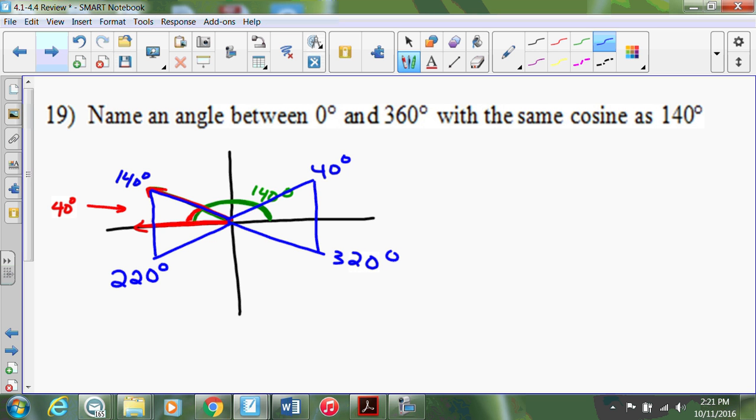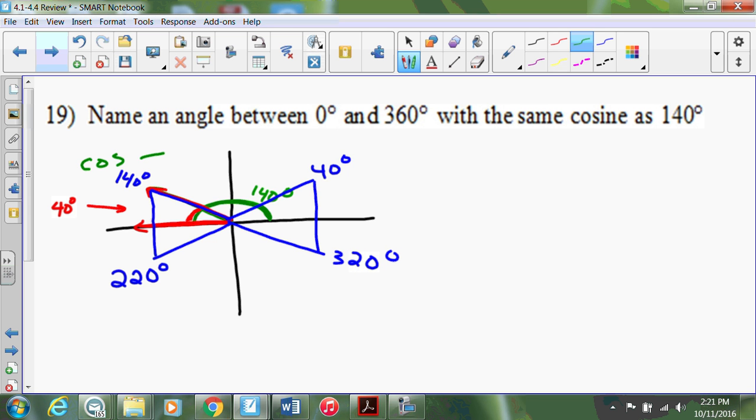Okay. And so now that I have all my bow tie angles set up, I need to think about what is the cosine of 140. Now, I don't know the answer, but I do know that the answer is going to be negative because cosine is negative in the second quadrant, and 140 is in the second quadrant.